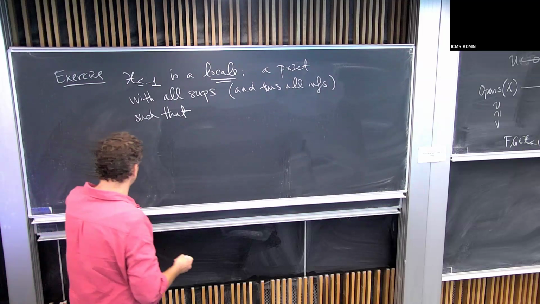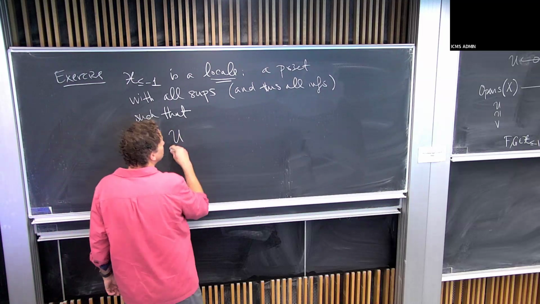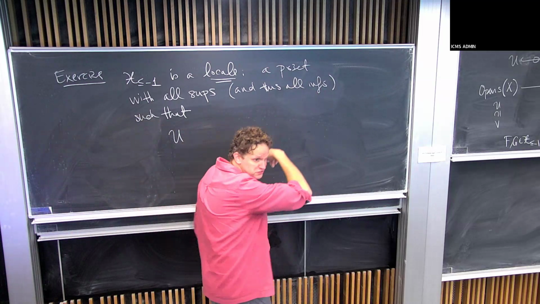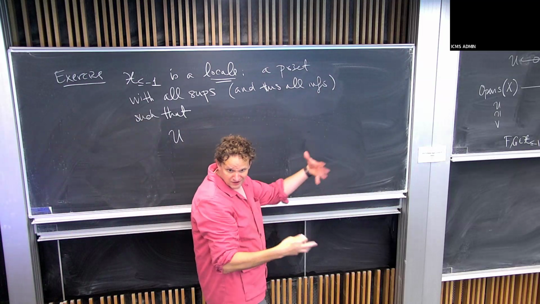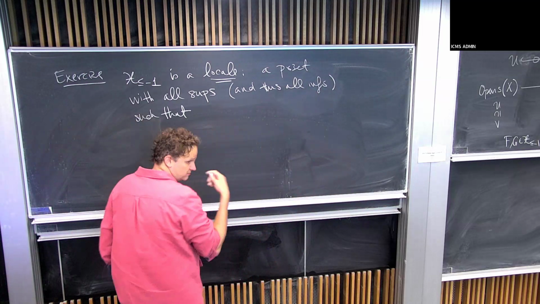It's an infinite distributive law. For the infs I'll use the intersection symbol and for the sups the union symbol, so that it feels like the opens of a topological space, which is the example to bear in mind.